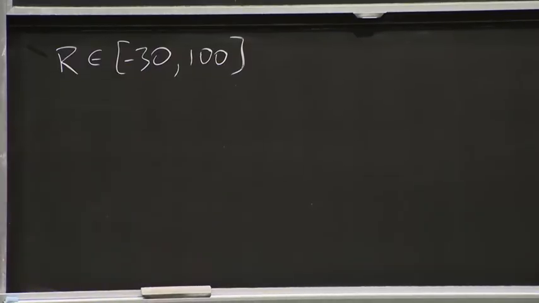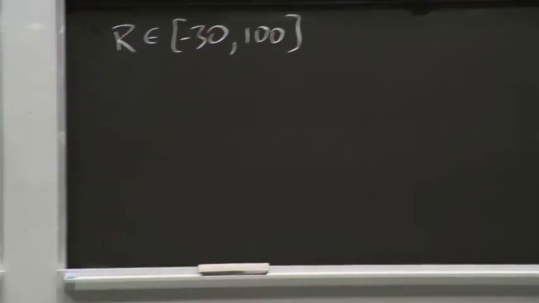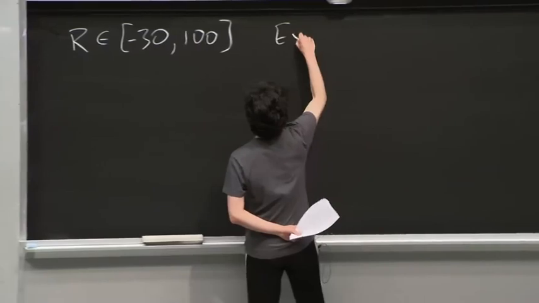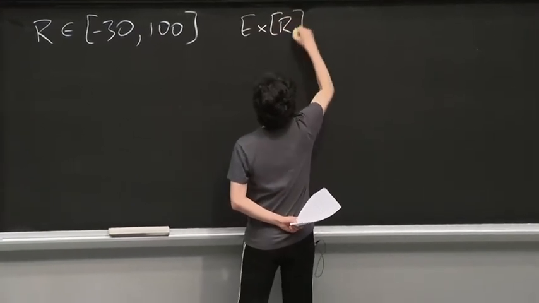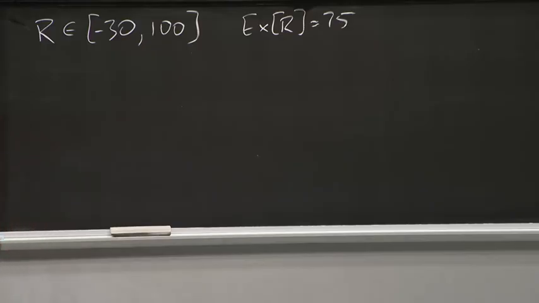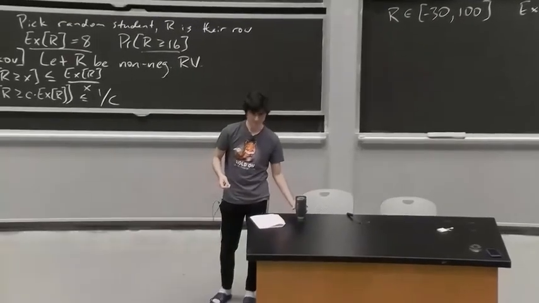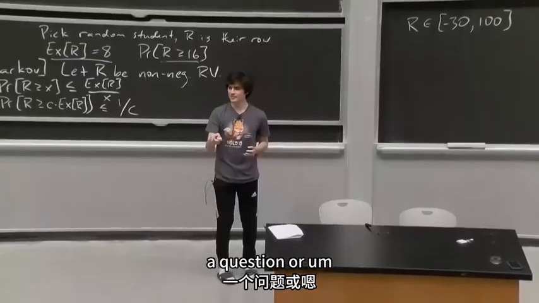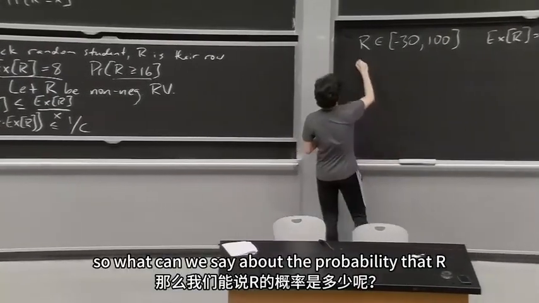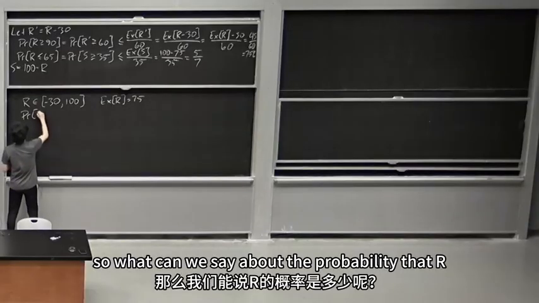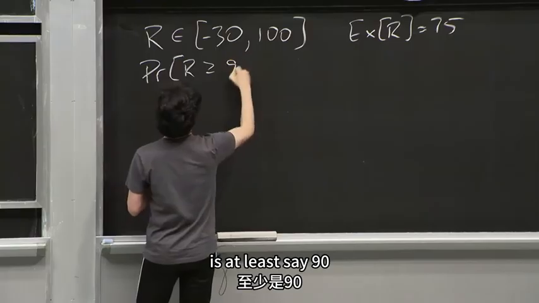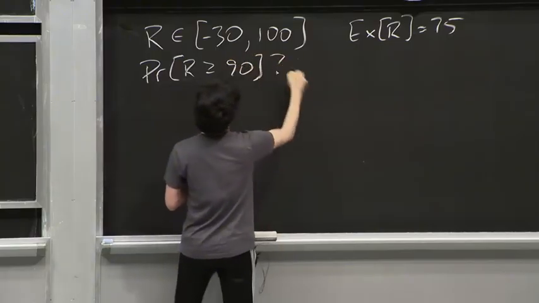Same deal, the expectation of R is 75. So what can we say about the probability that R is at least, say, 90?